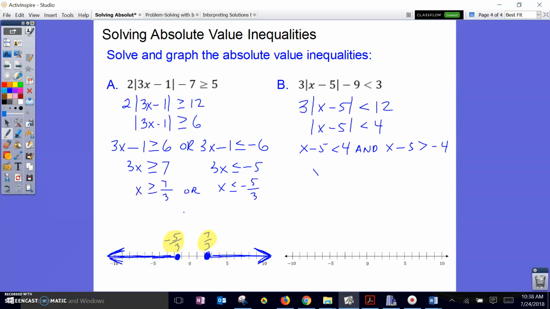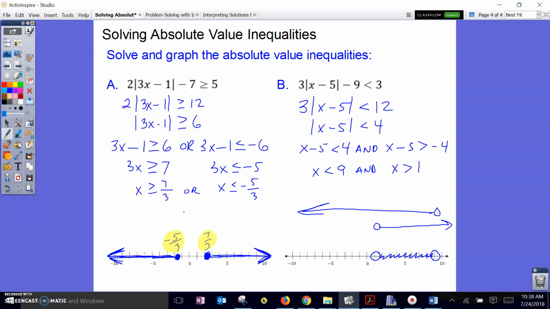And to solve, I just add 5 to both sides, and I add 5 to both sides. So we want x is less than 9, and x is greater than 1. And so we're looking at the overlap of those two regions, and our graph should look like that.